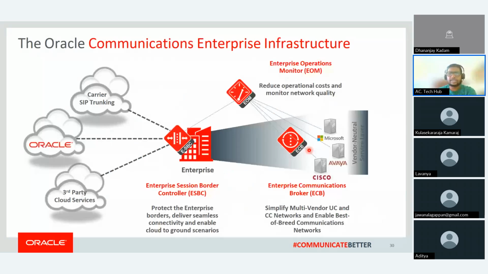And then this is the infrastructure, how and where you can have this integration. If you see the carrier SIP trunking, as I said earlier, you can integrate third party cloud services like recording platforms and all. You can also integrate the SBC with your operations monitor and then your communication broker. The communication broker is nothing but if you want to have the RTP monitored regularly for each call, you can install it and integrate with your operations monitor.